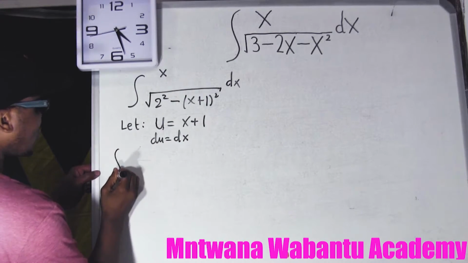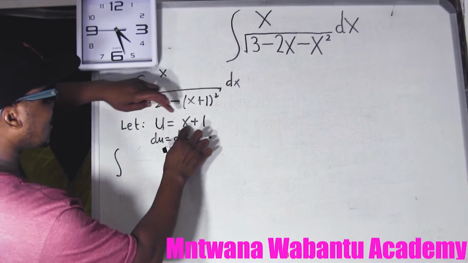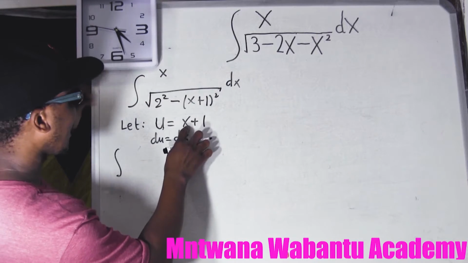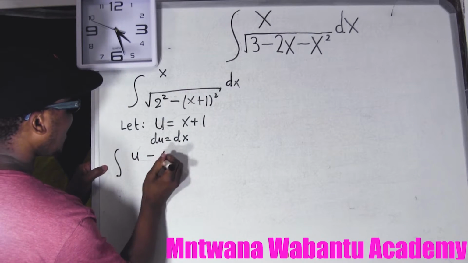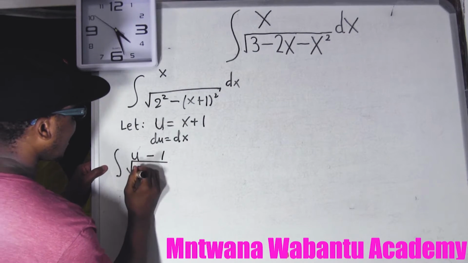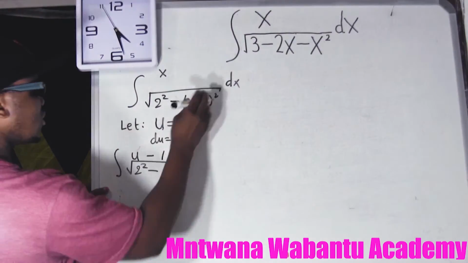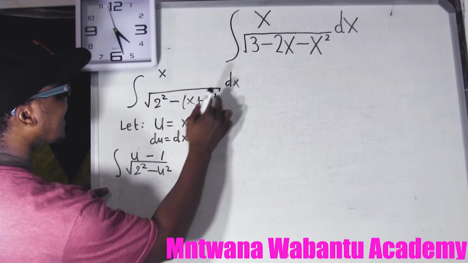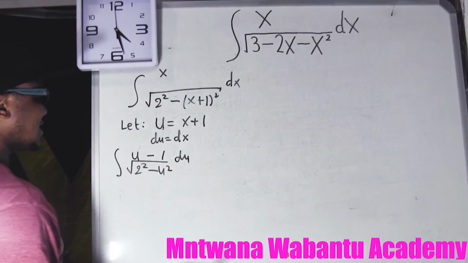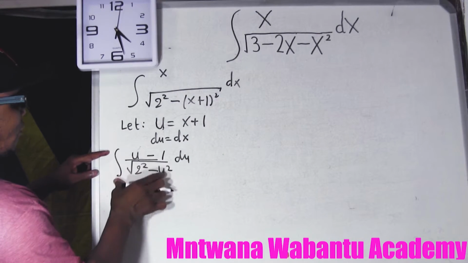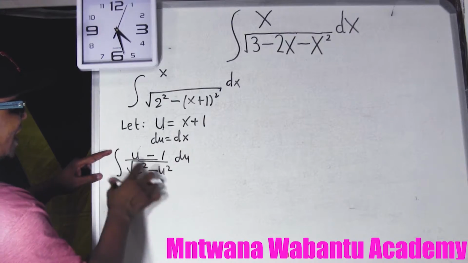So it's going to become the integral of x. What is x? x equals u minus 1, because the 1 can come over here. So it's u minus 1, over the square root of 2 squared minus u squared, because u equals x plus 1, and dx equals du. So I can separate: u over all this expression, then negative 1 over everything.